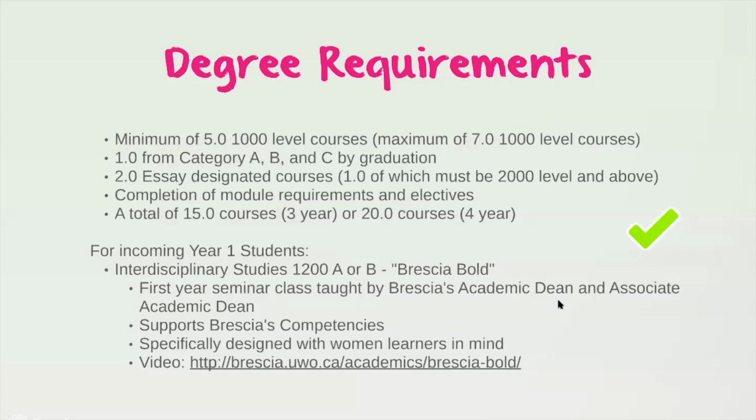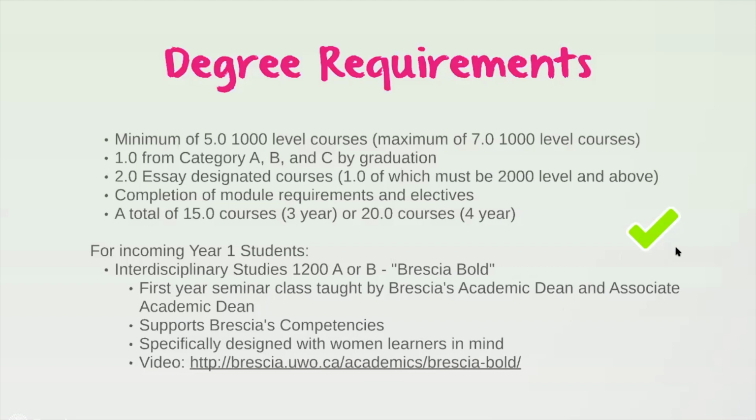So just to do another quick recap on your degree requirements, you do need to have a minimum of 5.0 1000 level courses with a maximum of 7.0 1000 level courses. You do need to have at least 1 credit from categories A, B, and C by graduation, and 2 of those categories covered in first year.